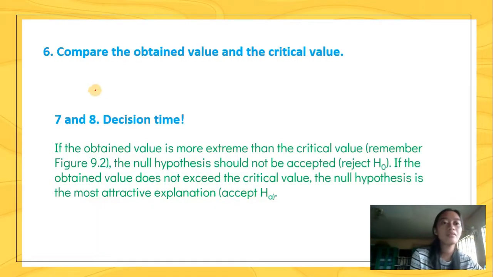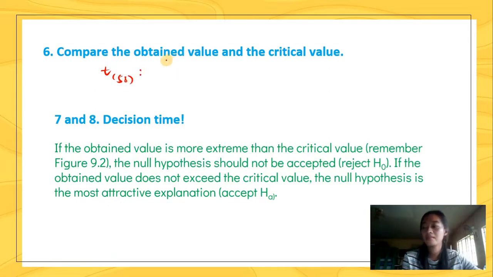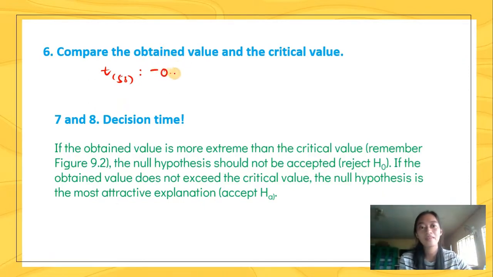Okay. Our obtained value at 58 degrees of freedom is negative 0.137.